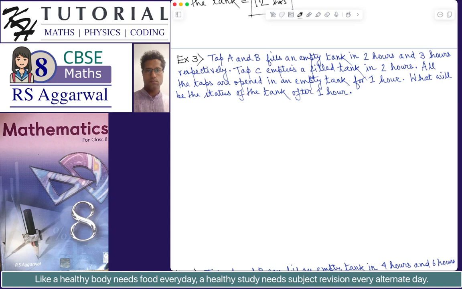So for 1 hour the taps A, B and C are working together, that is, they are all open for 1 hour, and it is asking what will be the status of the tank after 1 hour.